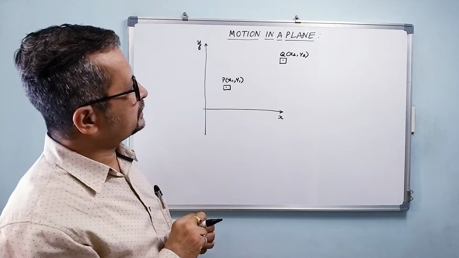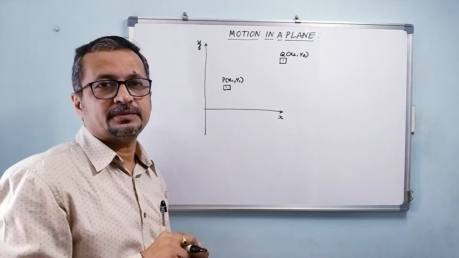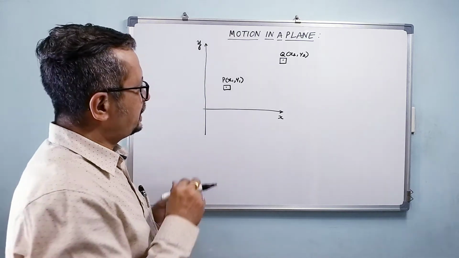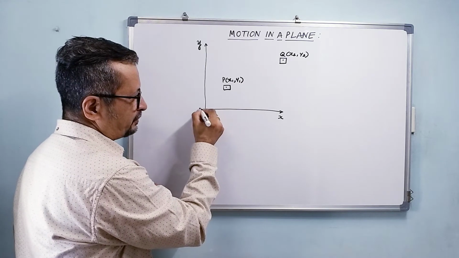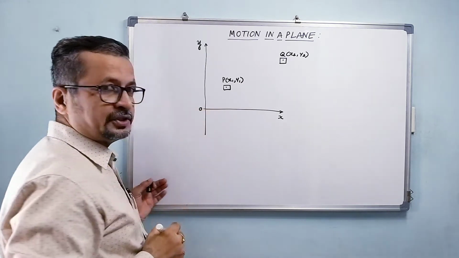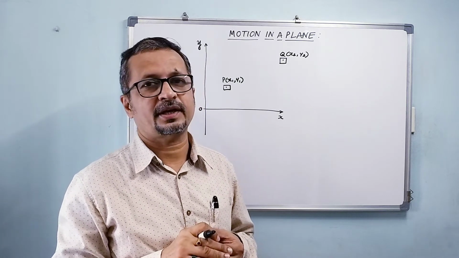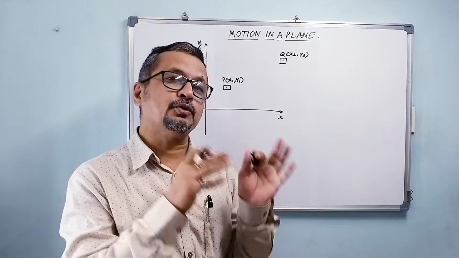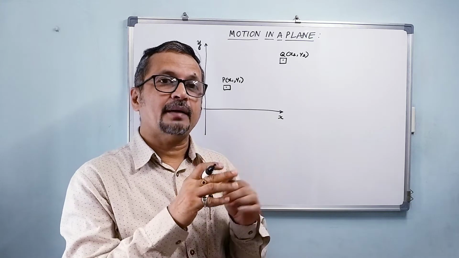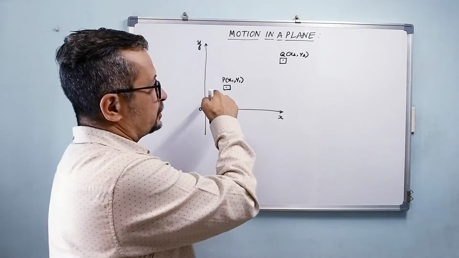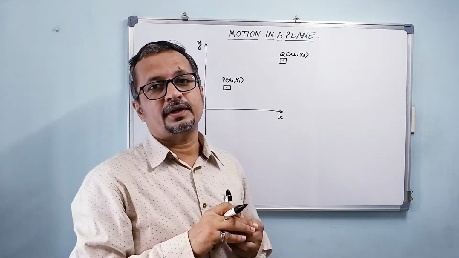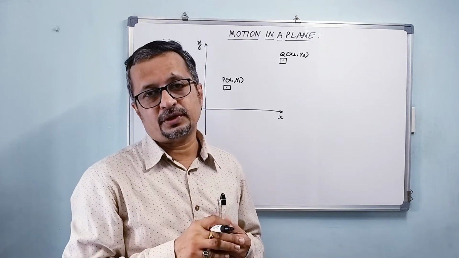Now, how does it matter? See, I have my reference point as the origin here, the point of intersection of my x-axis and y-axis. And with reference to my origin, I'm specifying the coordinates of this body as it moves from one point to the other.